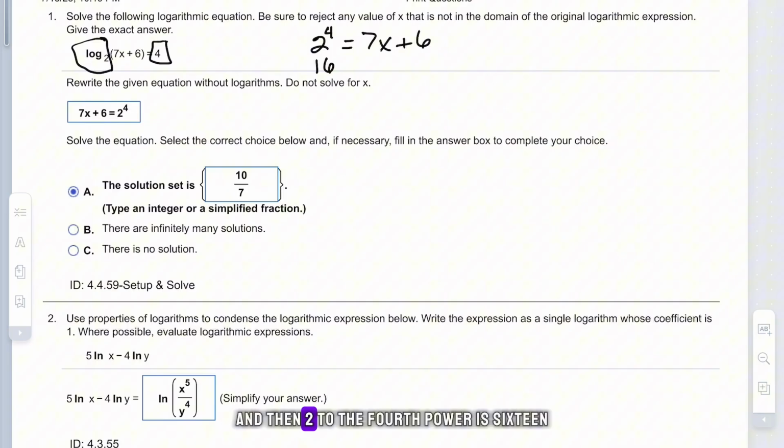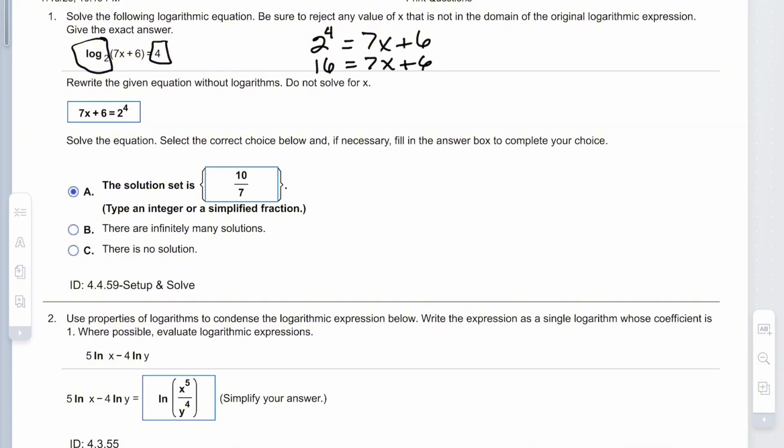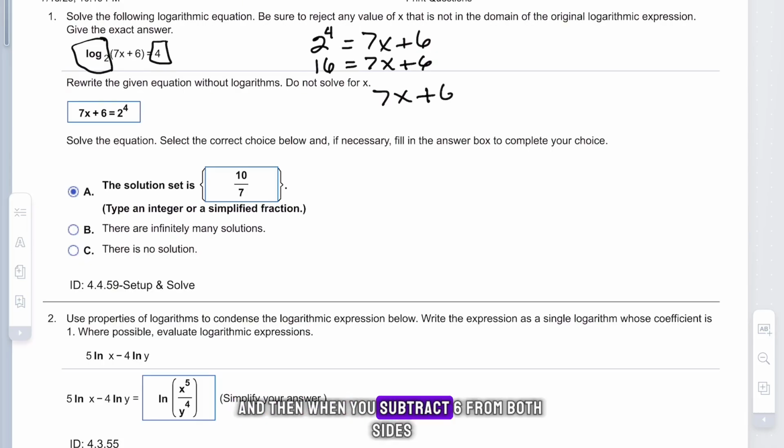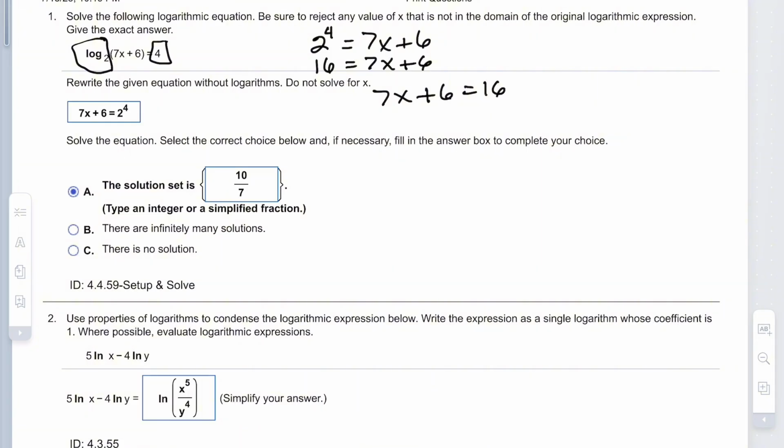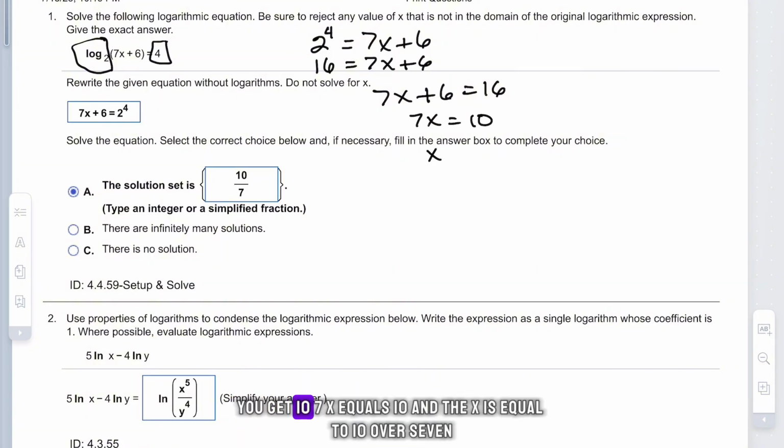And then 2 to the 4th power is 16. And then when you subtract 6 from both sides, you get 10. 7x equals 10, and then x is equal to 10 over 7.